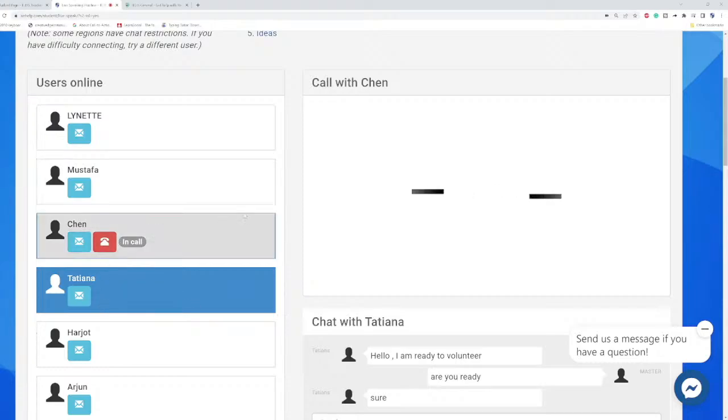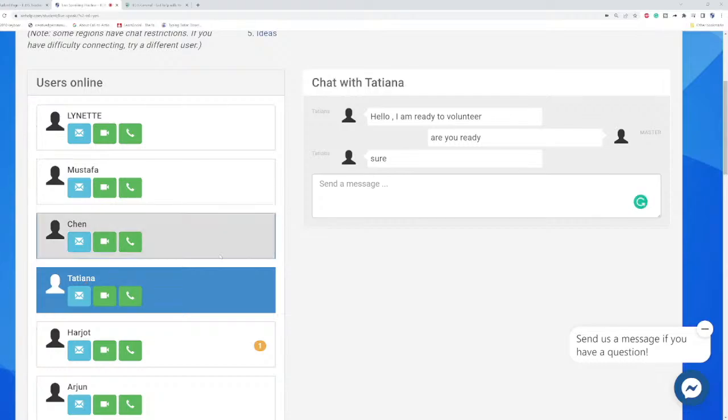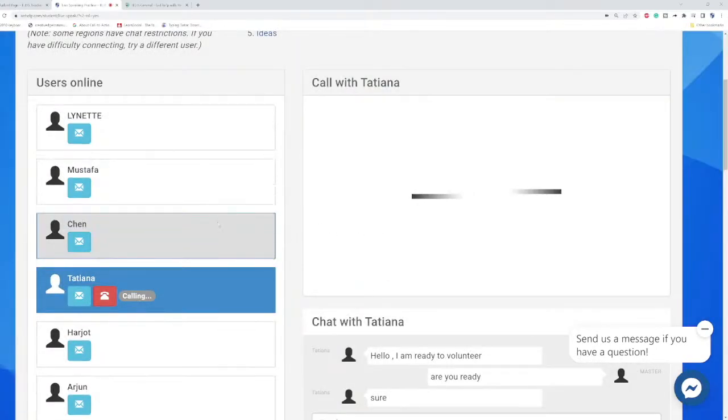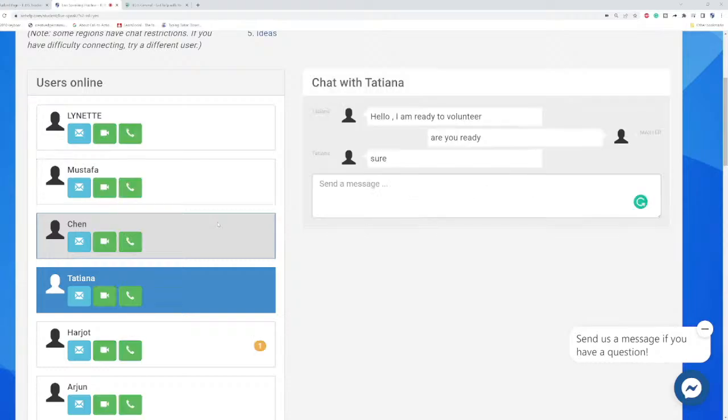Nope, still can't hear you, Chen. Chen, test it out with another person. See what's going on. Okay. All right. Usually works with Tatiana. Not this time. The ghost in the machine is being a nuisance today, it seems like. Let's try one more time.